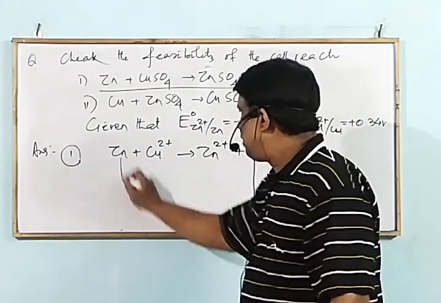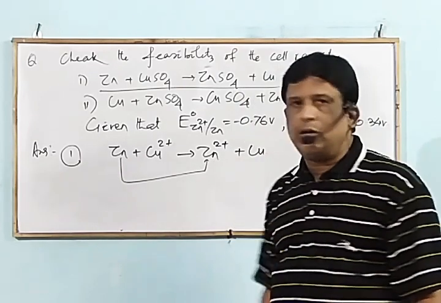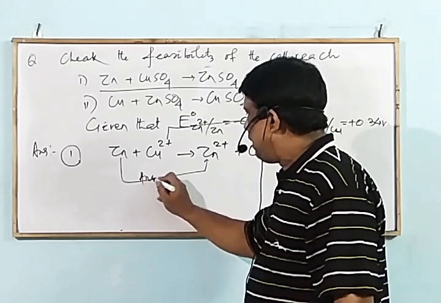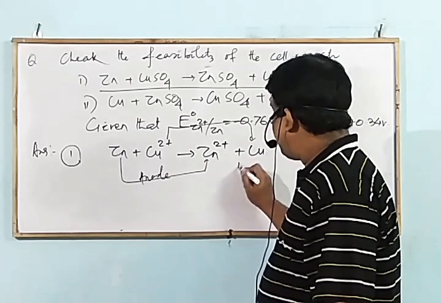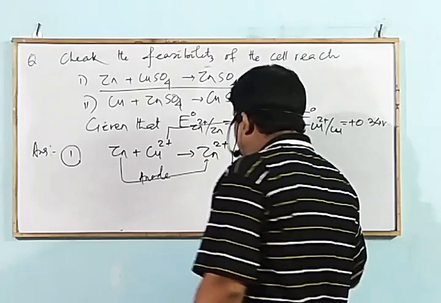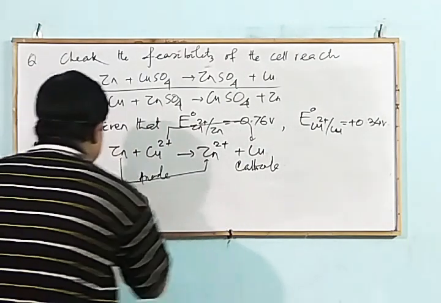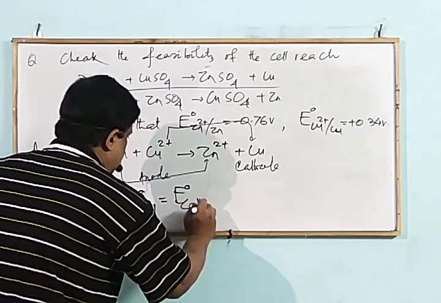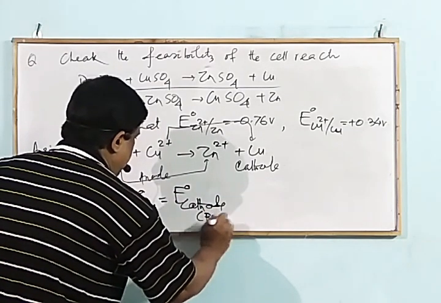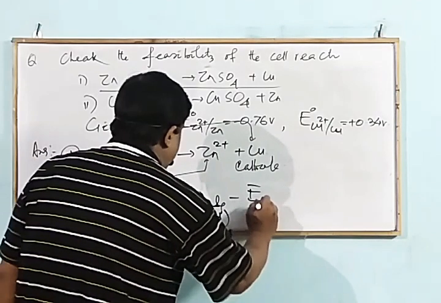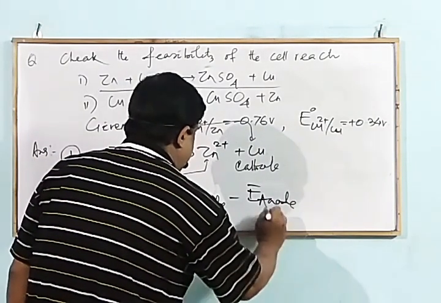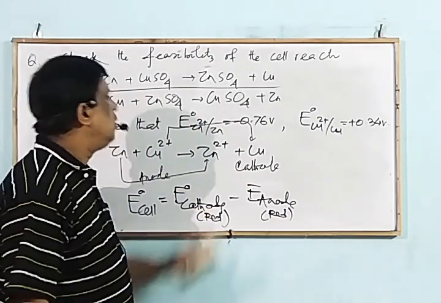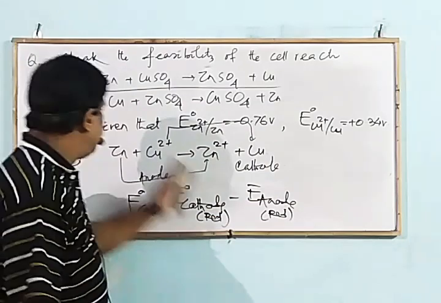Here it is clear that zinc undergoes oxidation and copper undergoes reduction. So zinc behaves as anode and copper behaves as cathode. Putting in the reduction values, the cathode is copper and the anode is zinc.